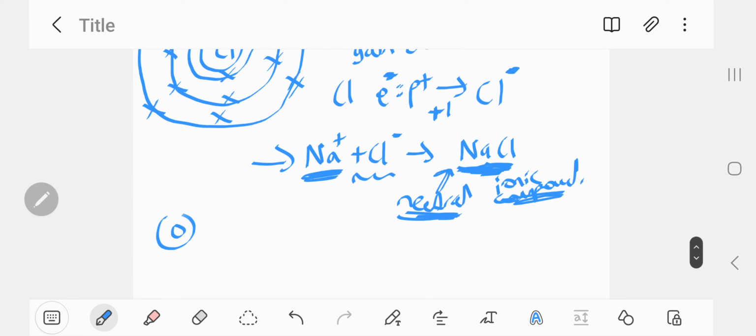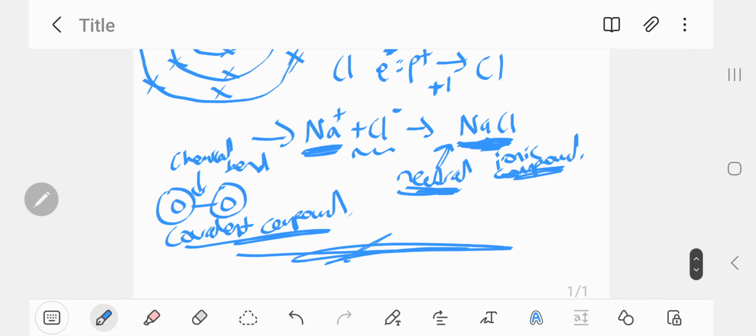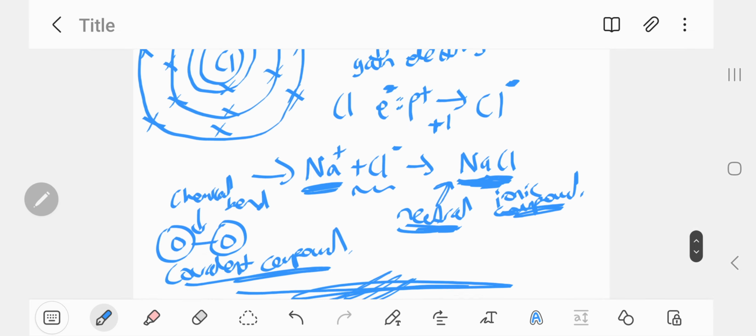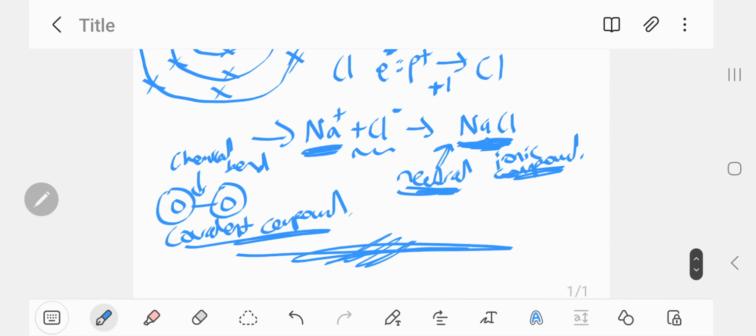Let's say two oxygen atoms bonded. That's a covalent compound, two non-metals bonded due to the sharing of electrons. That here is a chemical bond, the oxygen atoms sharing electrons. They're both happy. In the next video, I'll talk about how to actually name ionic compounds and covalent compounds.